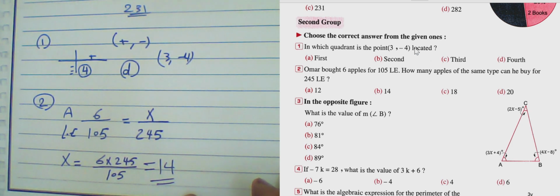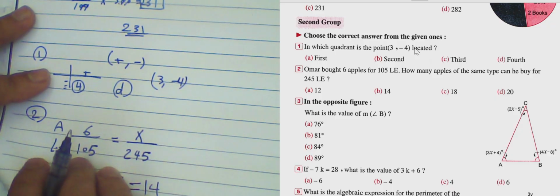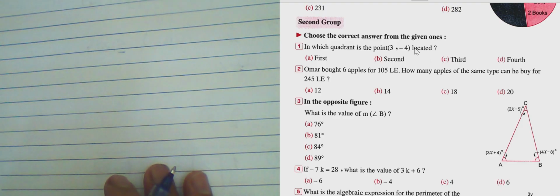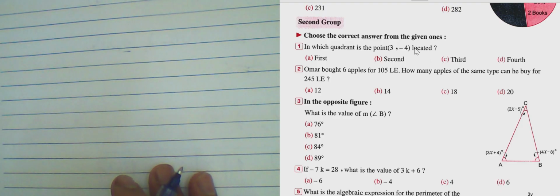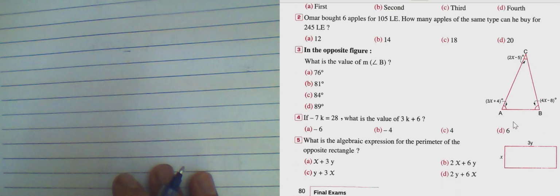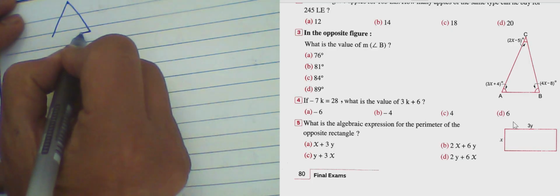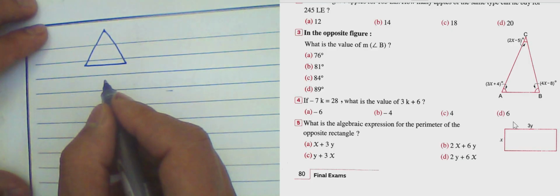Next, question number 3. We have a triangle, and we want to find the measure of angle B. We know the sum of interior angles in any triangle equals 180 degrees. We have angle A, 3x plus 4, angle B, 4x minus 8, and angle C, 2x minus 5.